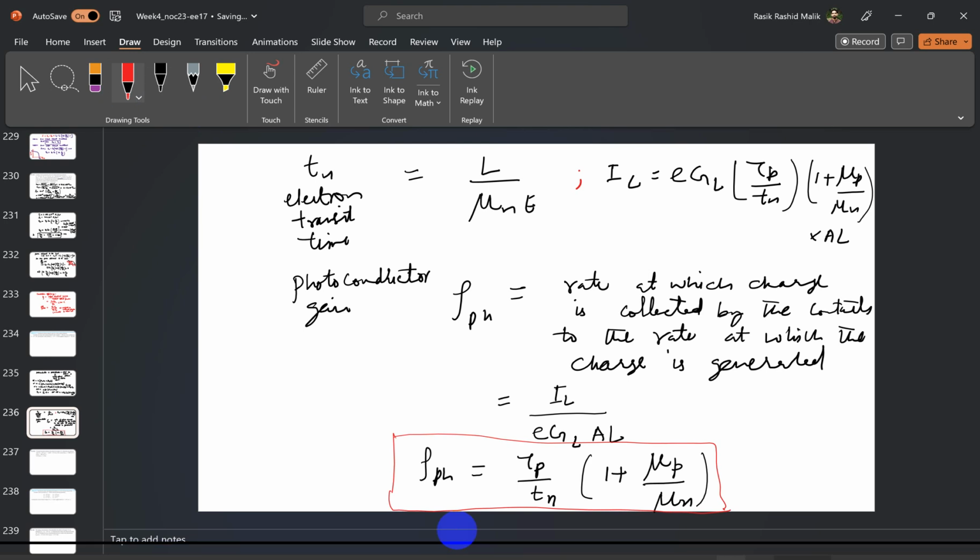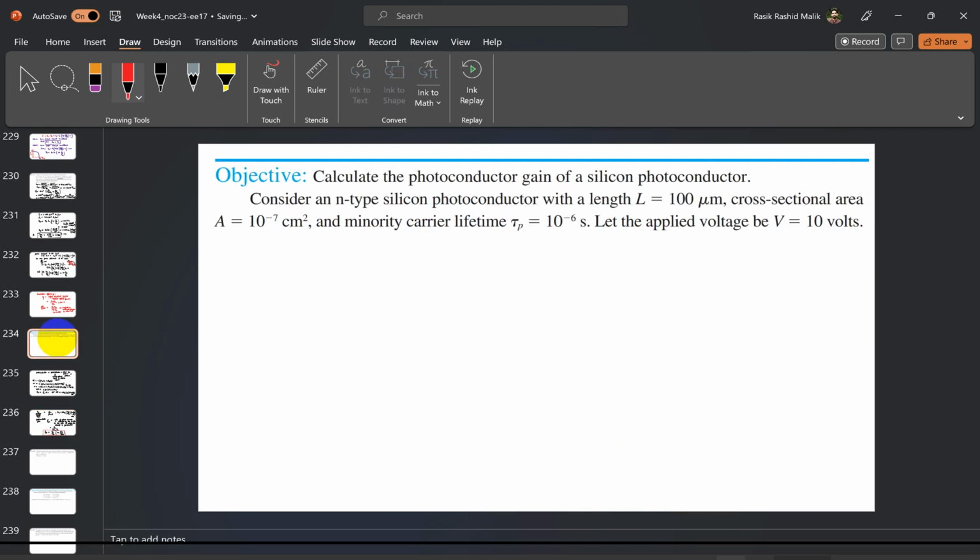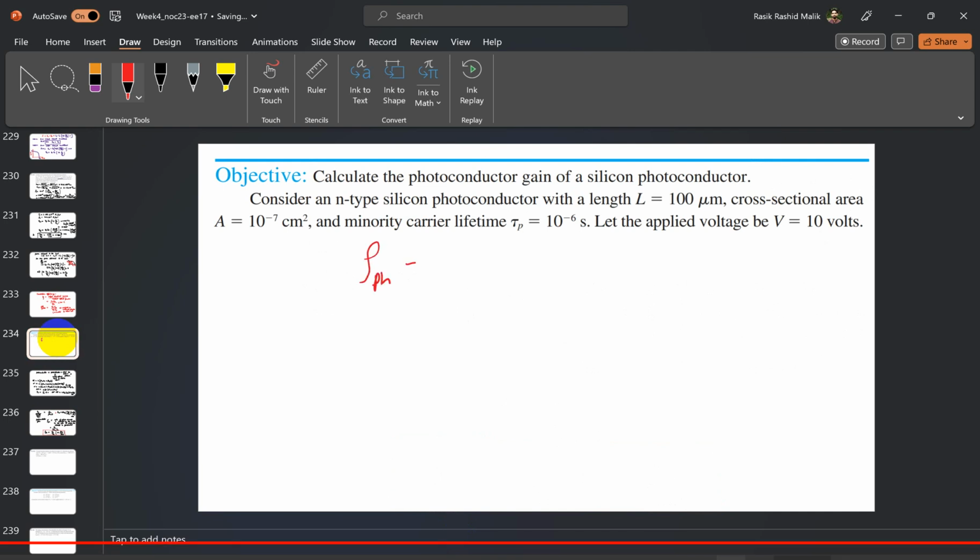Okay, so now let's move to the question. The question was saying that we have to calculate this photoconductor gain. So the photoconductor gain, I will write the expression again here: tau p by transit time into (1 plus mu p by mu n). Transit time can be found from the mobility and the electric field, and the length is given.